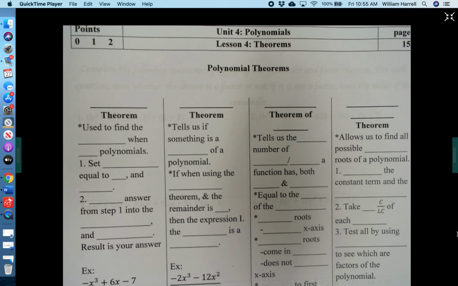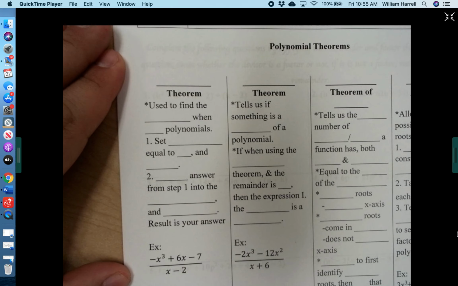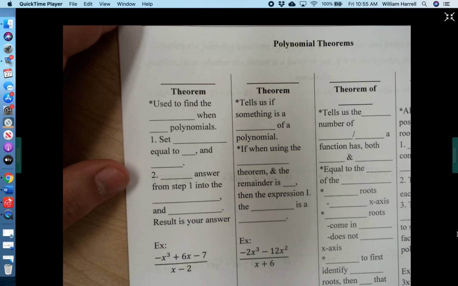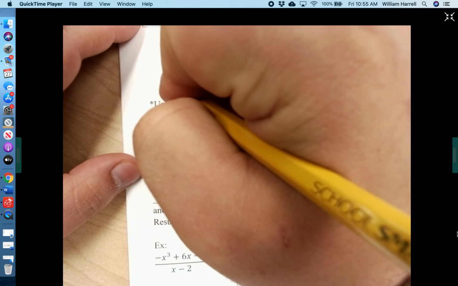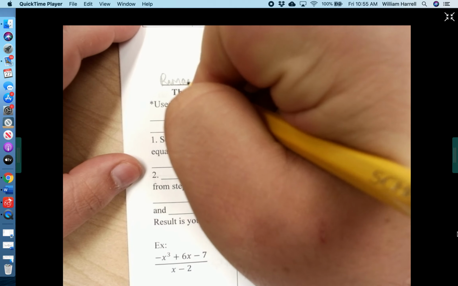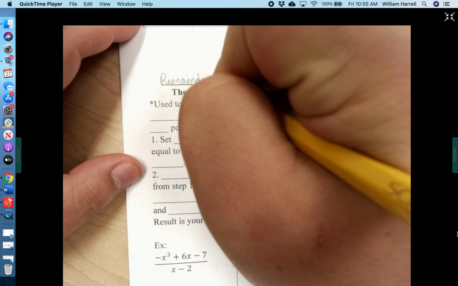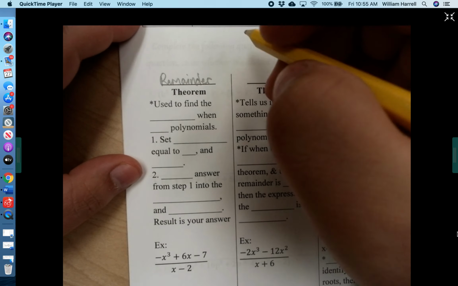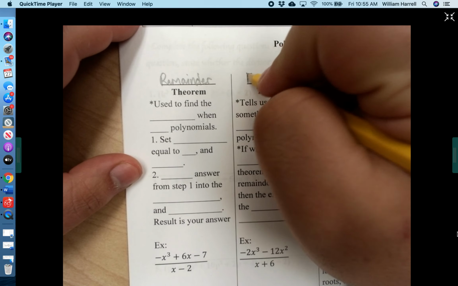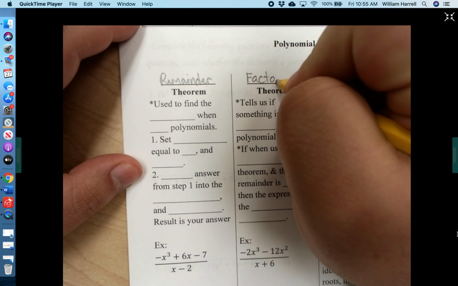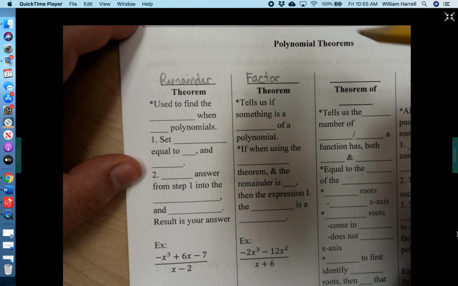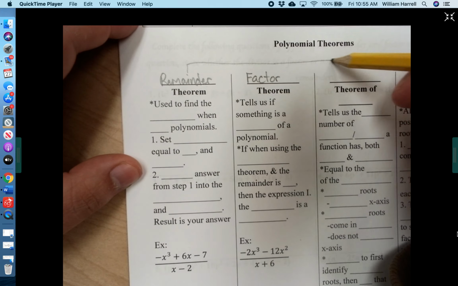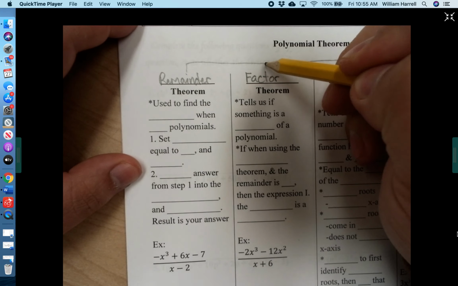And what we're going to do is I'm going to give you the definitions, the notes, the meat and potatoes behind the remainder theorem first, and then we'll go in and fill out the stuff for the factor theorem.